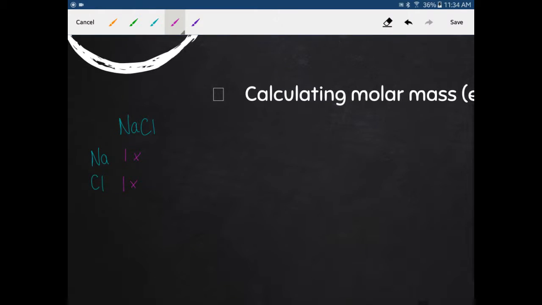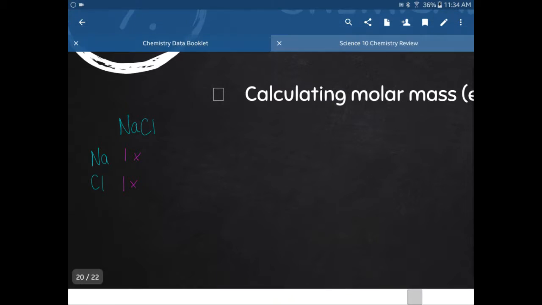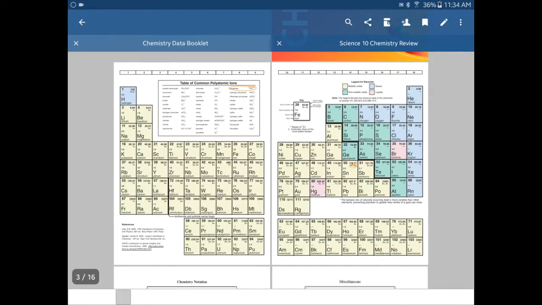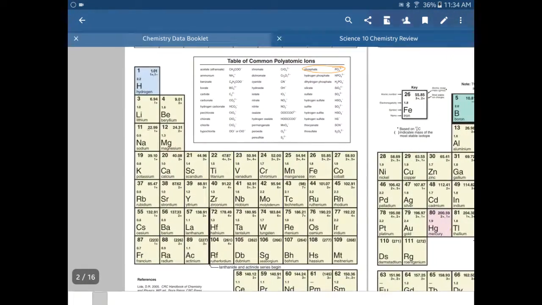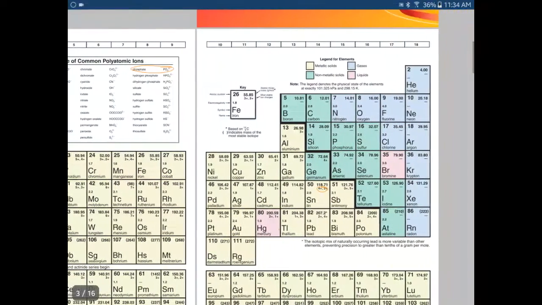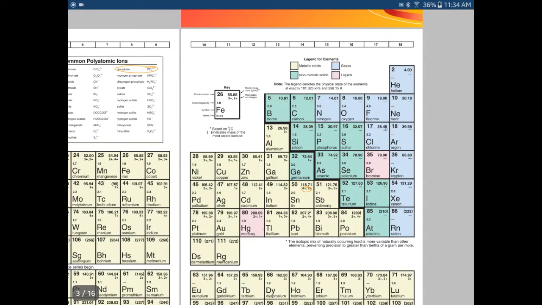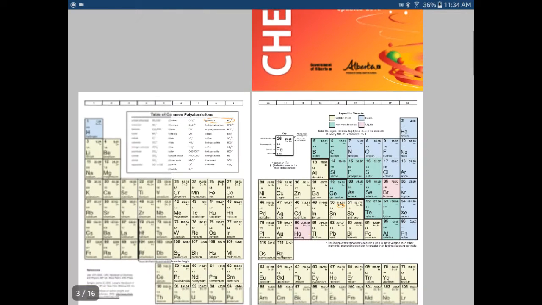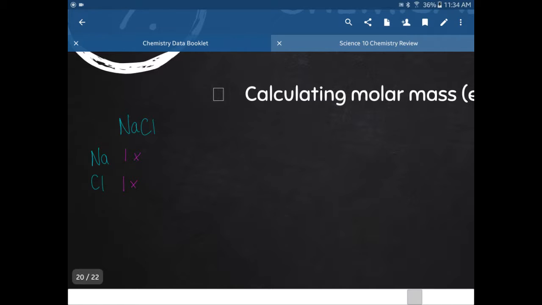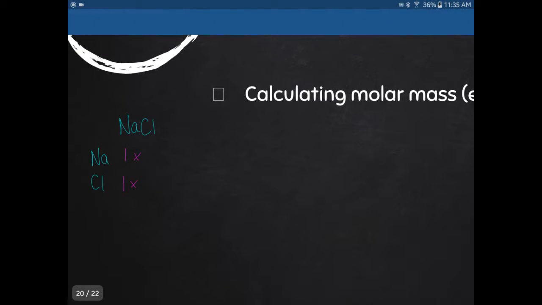Now when I take a look at my periodic table, zoomed out a little bit, I see that my sodium has a 22.99 atomic molar mass, and my chlorine has a 35.45 atomic molar mass. So when I jump back, I'm going to just jot these values down here.